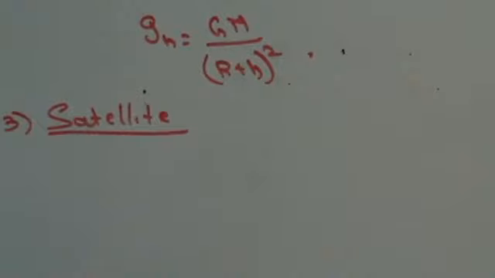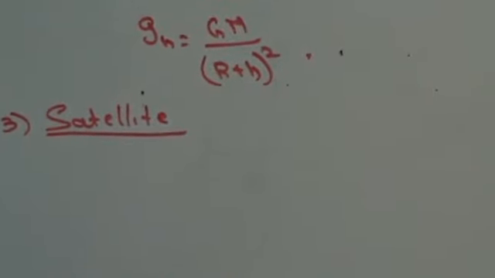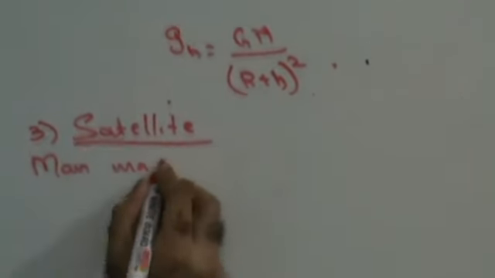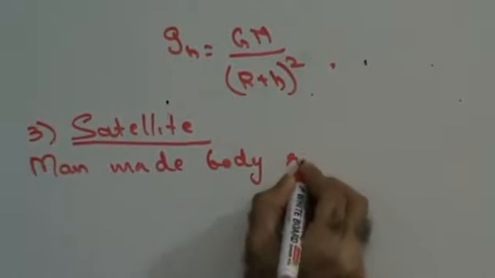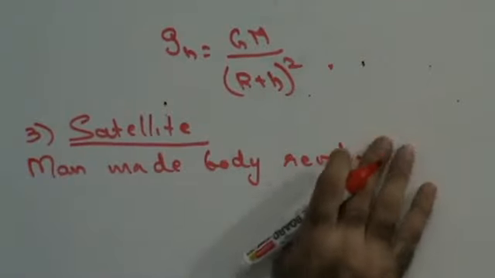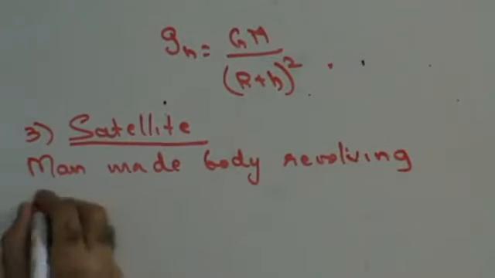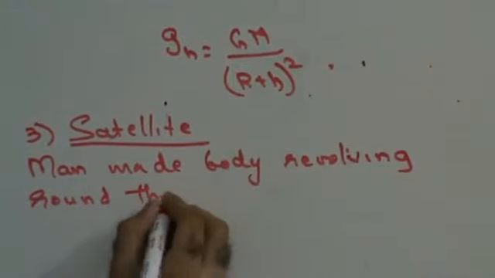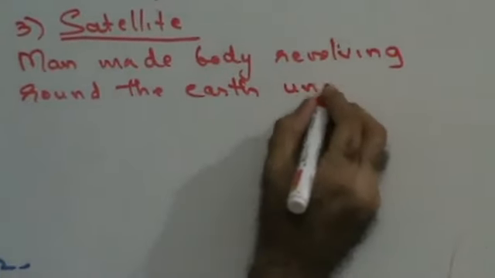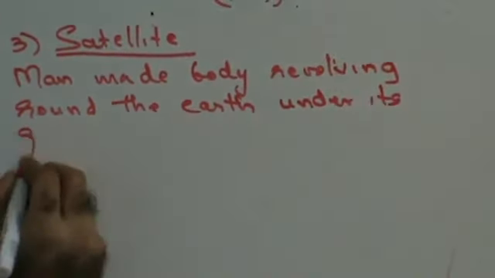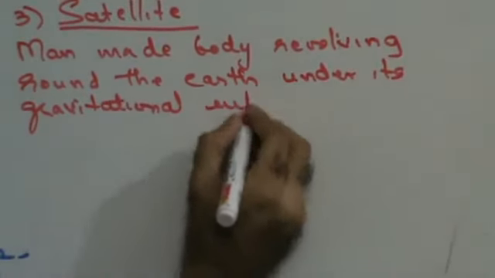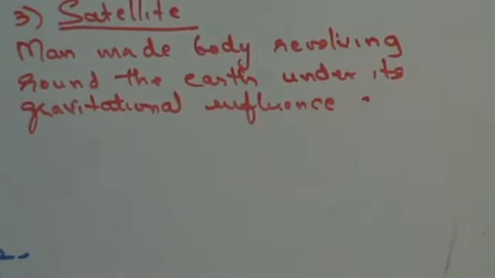A satellite is nothing but a man-made body revolving round the earth under its gravitational influence. Right? Do we get this thing here?